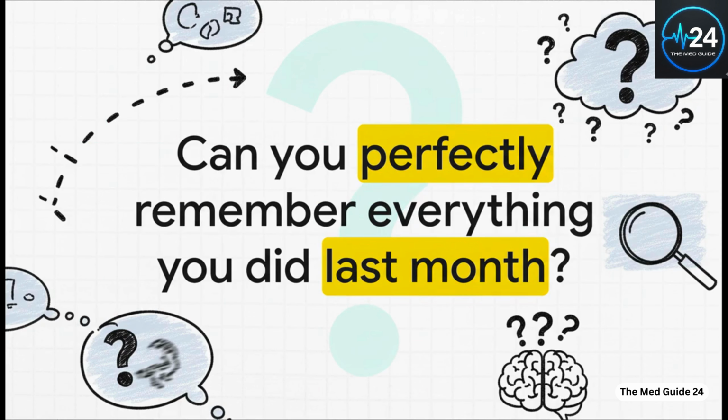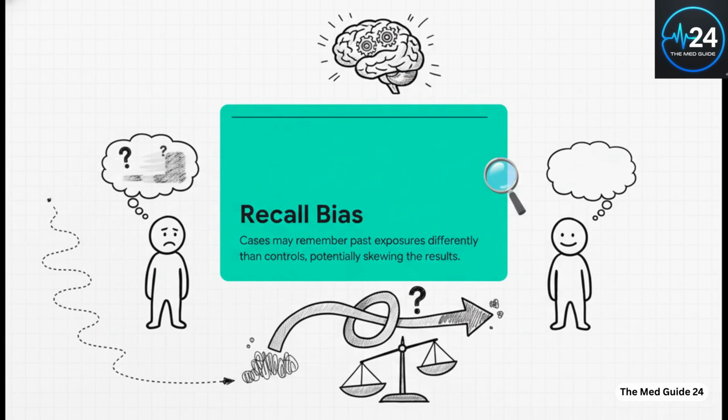But, and this is a big but, this whole looking back thing comes with a massive challenge. I mean, think about it for a second. Can you remember every single thing you did last month? Heck, even last week? Probably not. And this is where one of the biggest potential traps in these studies lies. It's called recall bias.